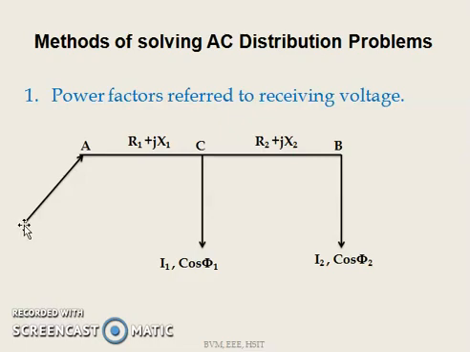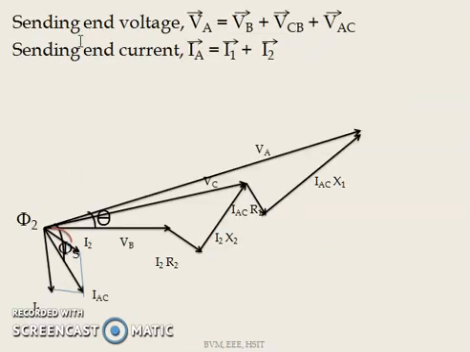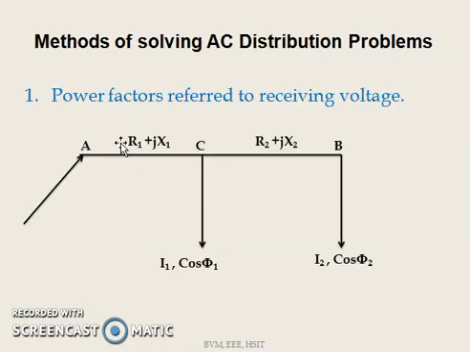See here, what is the sending end voltage, VA? VA is the voltage drop in this section plus the voltage drop in this section. That's what I have written here. Sending end voltage is equal to receiving end voltage VB plus the voltage drop in section CB, VCB, plus VAC.